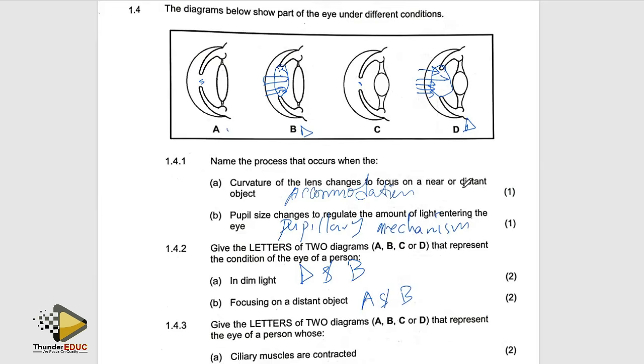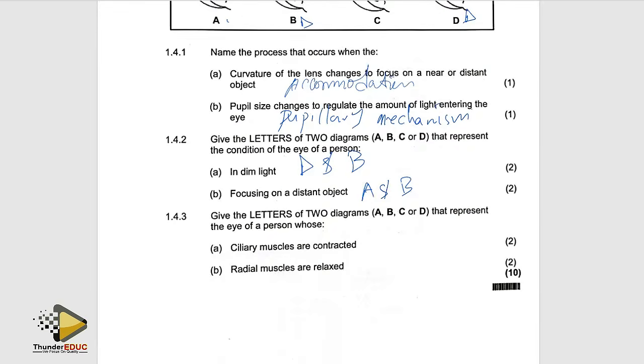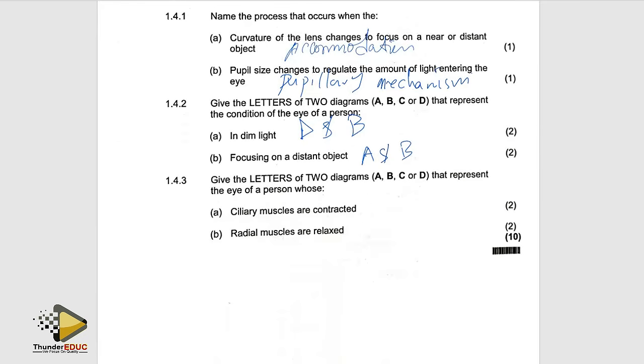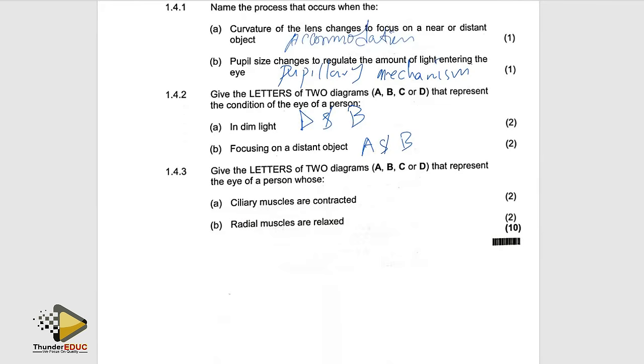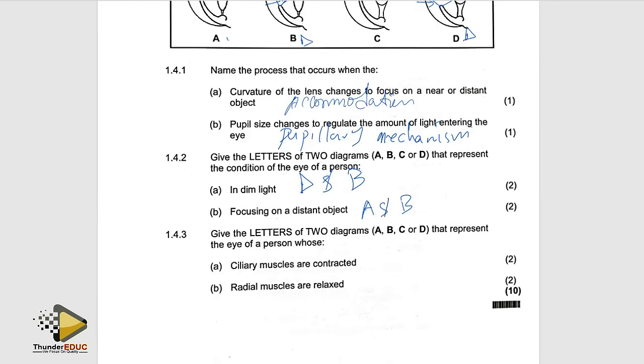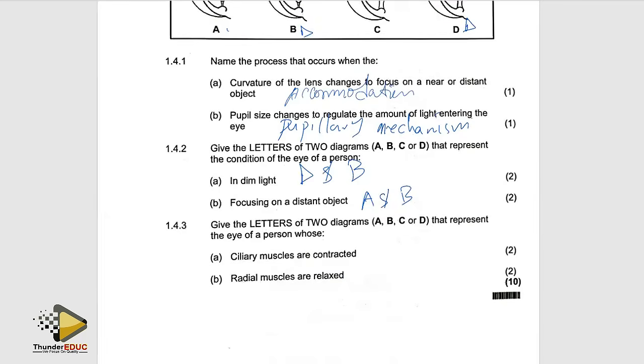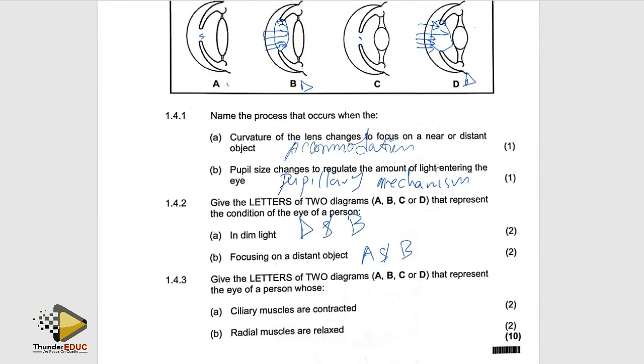And then they are saying to give the letter of the two diagrams that represent the eye whose ciliary muscles are contracted. A, B, C, D. So when the ciliary muscles contract, what happens?